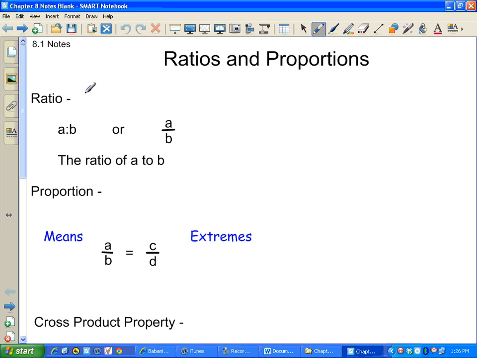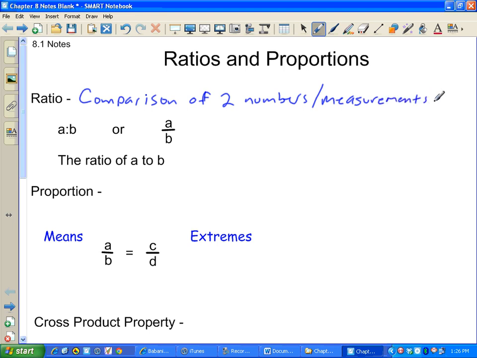A ratio is a comparison of two numbers or measurements, and usually if you're comparing measurements, these have to be in the same units in order to compare them.